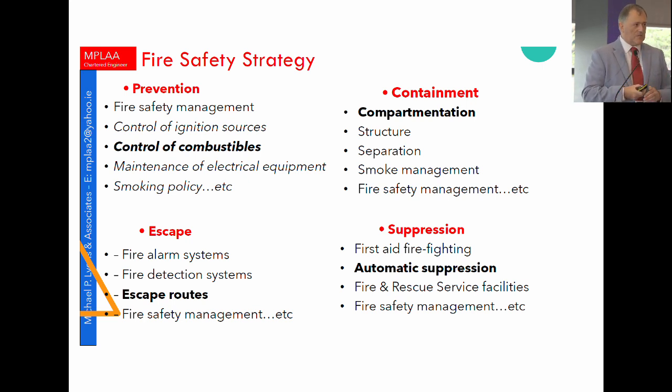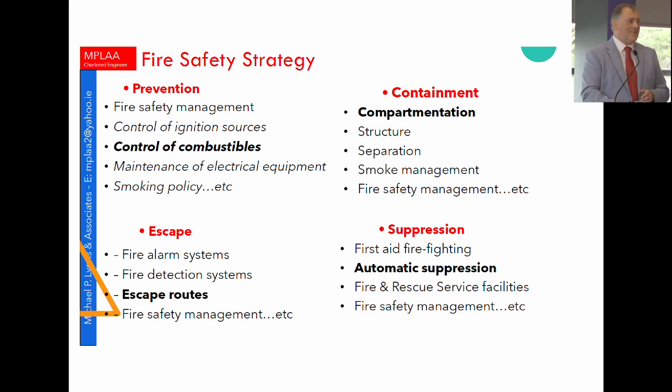In a performance-based design, it's all open for you. In a prescriptive-based design like TGD B, TGD B sets out a limit on the floor area of your compartment and on the cubic volume of your compartment. With a performance-based design, there's no such limitation. It's down to what you can convince the assessing officer is acceptable within whatever fire safety strategy you're proposing. A lot of performance-based designs will use fire suppression systems.